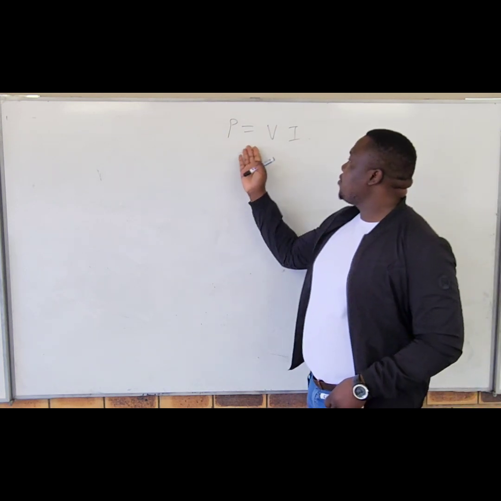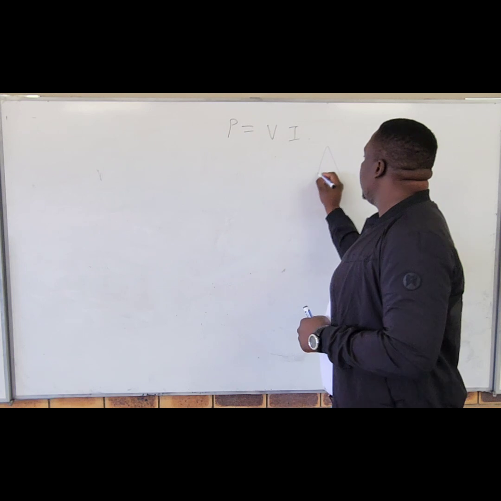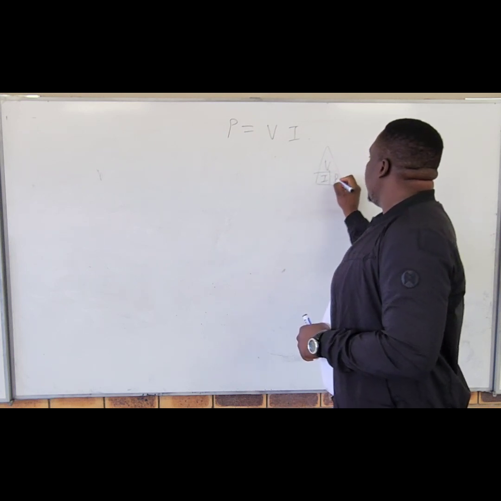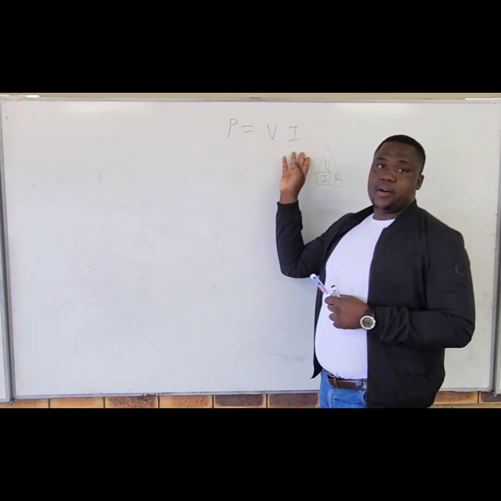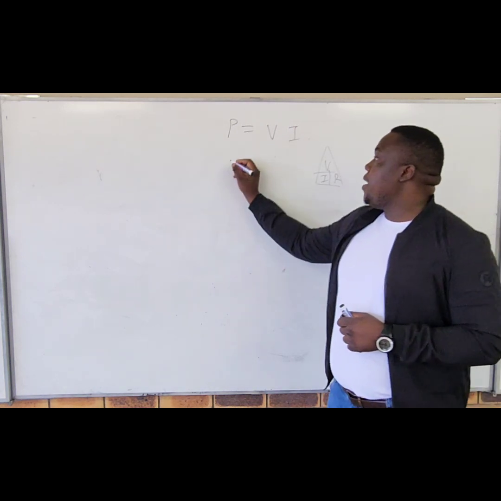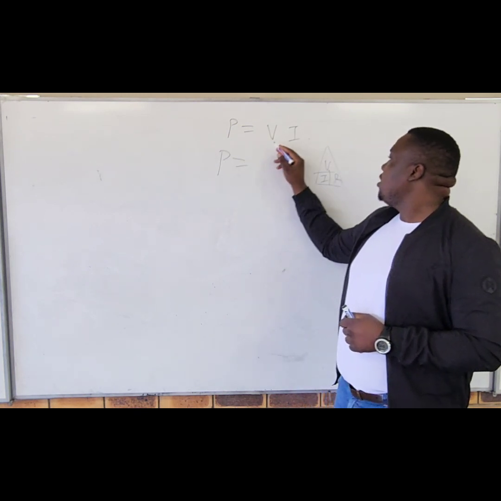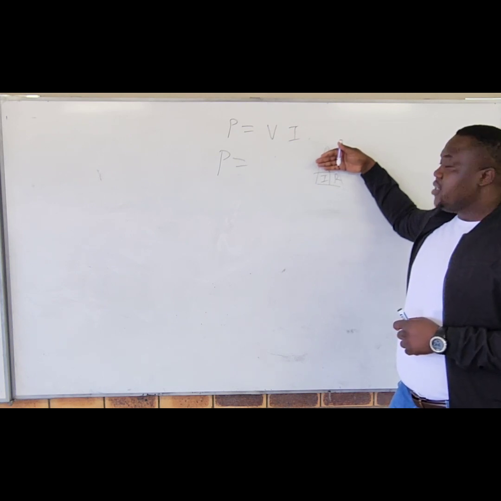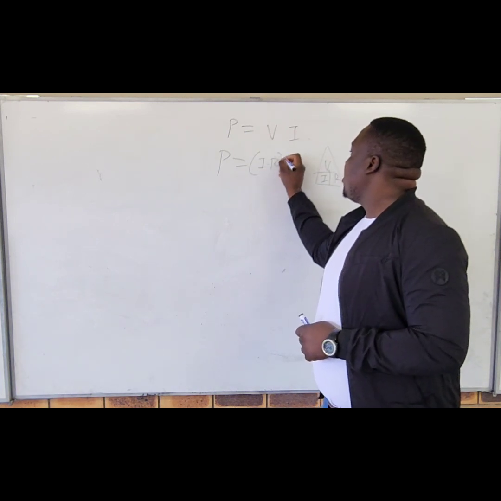I told you that from this formula we can use Ohm's law and derive many different formulas. When we want to get the voltage, we multiply the current and the resistance, meaning we have I, R.